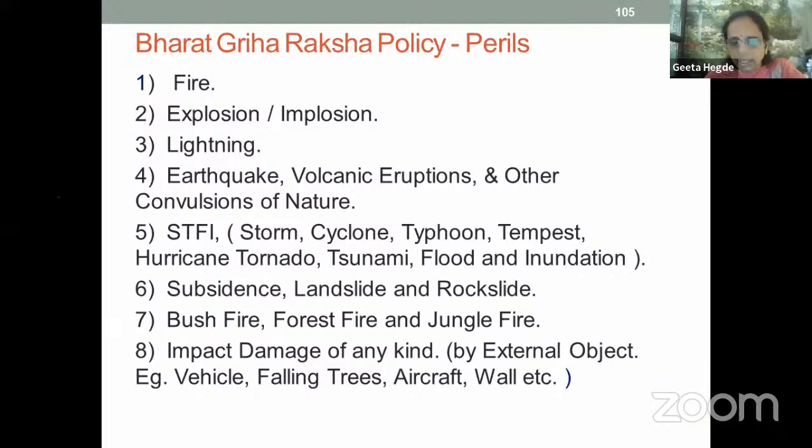It does not say impact damage of insured vehicle or other vehicle. So it is impact damage of any kind. There is no exclusion of impact damage by the insured's own vehicle, and there is no add-on cover for the insured's own vehicle.